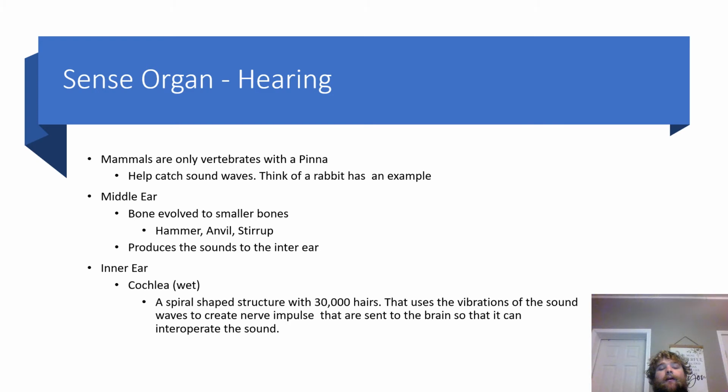Then in the inner ear, there is a spiral-like structure in a wet environment, and it has upwards of 30,000 hairs in it. The hairs vibrate, and through the nervous system they transmit this sound to the brain, which interprets it.